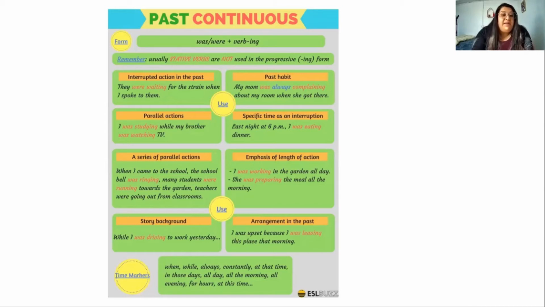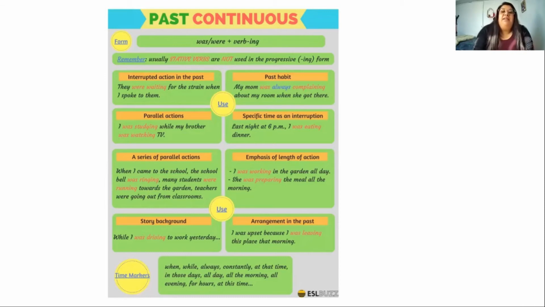Ellos estaban esperando cuando les hablé. Entonces, ellos estaban realizando una acción y yo hice tal cosa y interrumpió esa acción. Recuerden. Past continuous, past simple. El past continuous es lo que estaba pasando. Y el past simple de repente interrumpe esa acción, como que se mete en el medio.